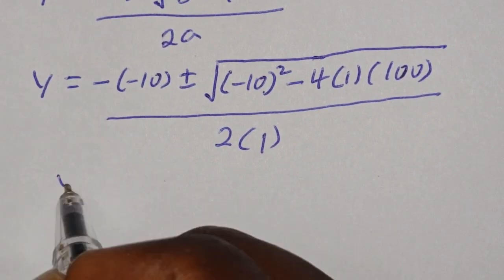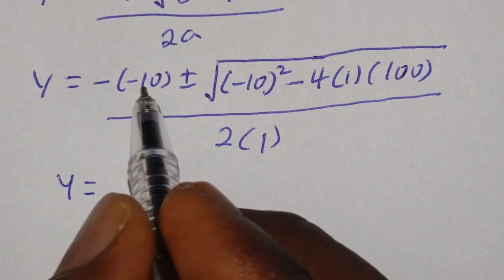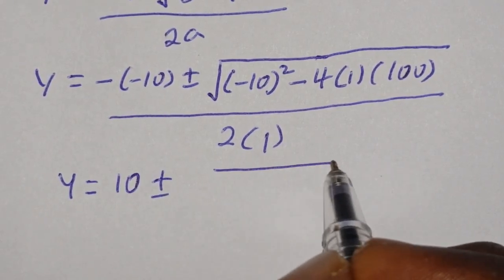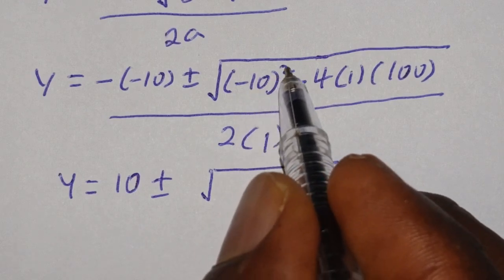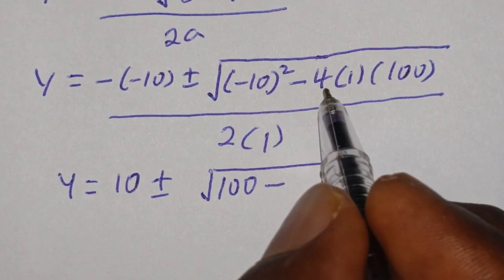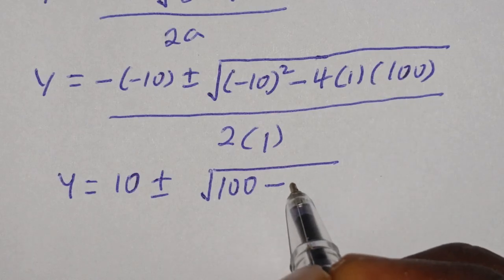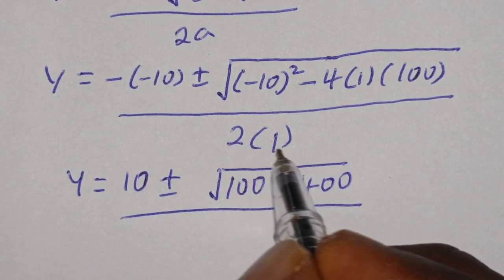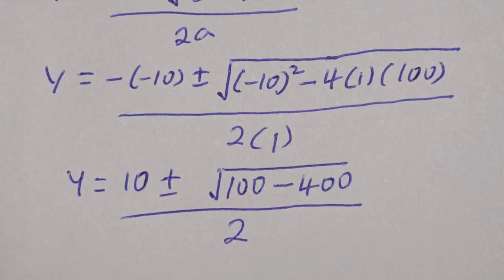Let's continue. y equal to minus times minus 10, that is 10, plus or minus square root of minus 10 all square, that is 100, minus 4 times 1 times 100, that is 400, divided by 2 times 1, 2.